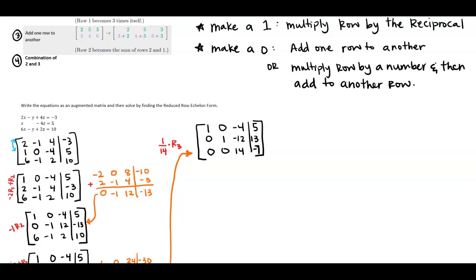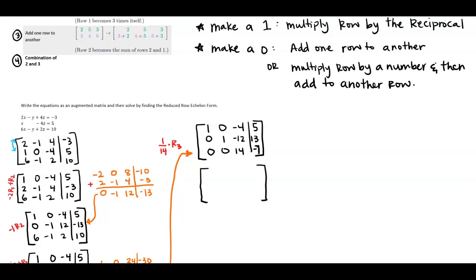When we're doing math, we say that's the same thing as dividing by 14. But technically with matrices, we can't do division, so that's why we're multiplying by its reciprocal. Okay, so let's write our next matrix out here.